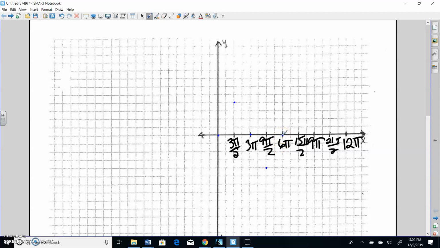And then the pattern repeats because it's periodic. So we're up to 4, 0, -4, 0, and we can graph the sine curve. And that is 2 periods of that function.